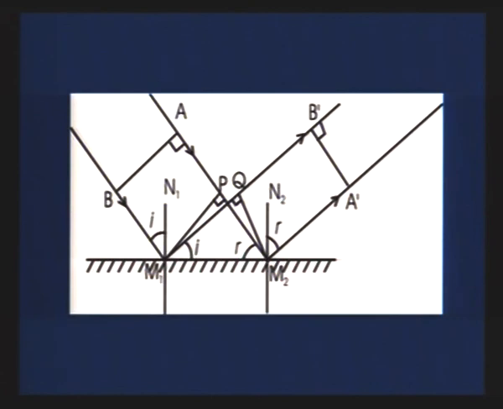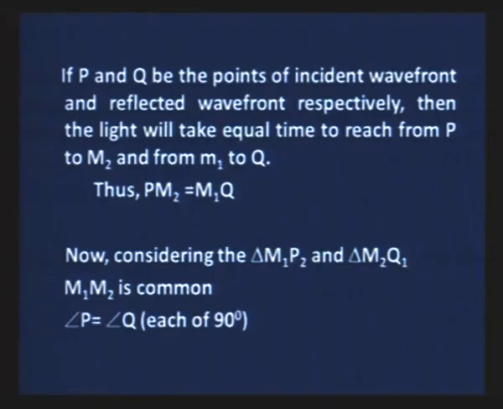But the important point of application is, since points P and Q are the points of the same wave front, light takes the same time to travel from point P to M2 as it takes to travel from M1 to Q. That is why, in the same medium with equal velocity of light, the distances are equal.